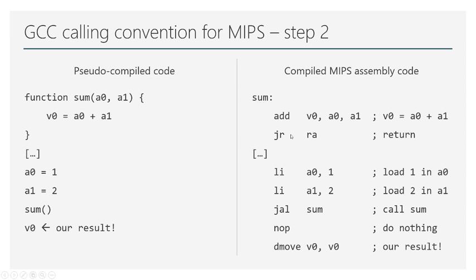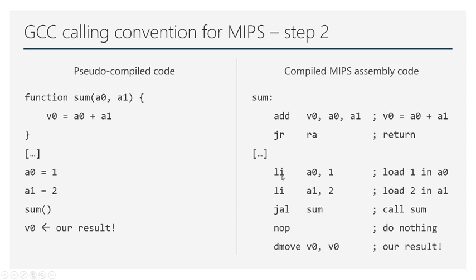We have an operation code called addu. On the right I have the explanation of what that piece of code does. So in this case v0 equals a0 plus a1. This will return the control to the function that called sum.